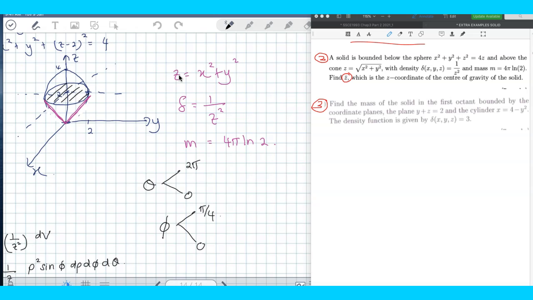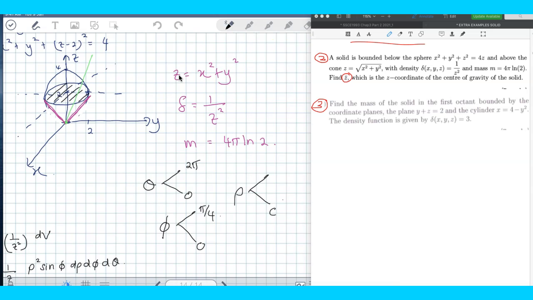Okay, now you need to get the limits of rho. If you want to know the limit of rho, we sketch the line starting from the origin. So you can see that the lower bound of rho is 0.